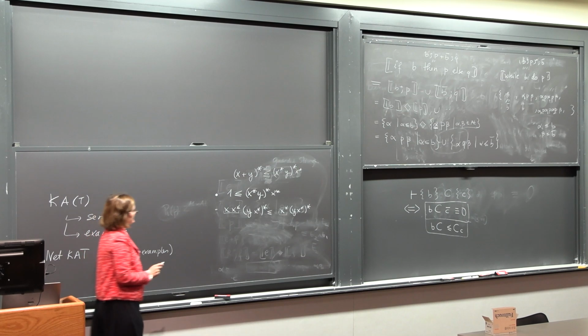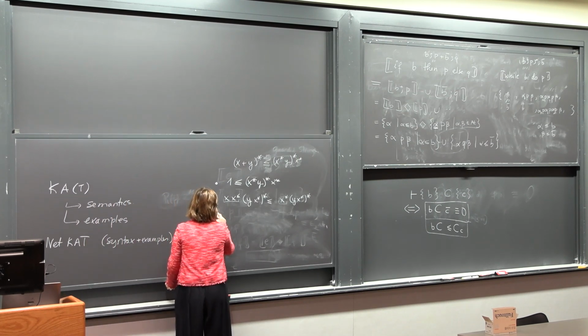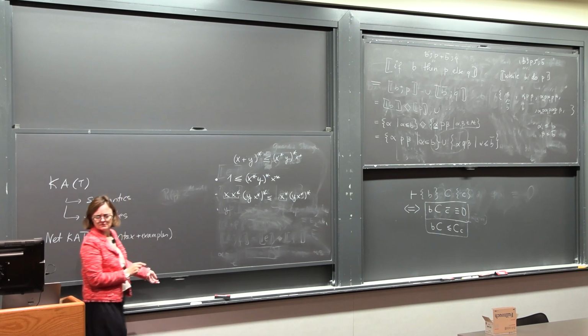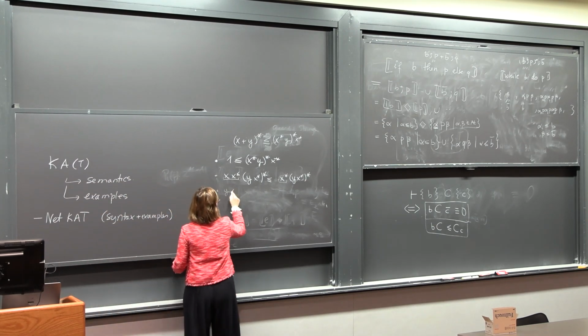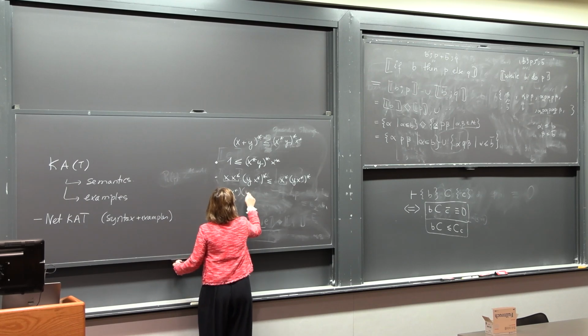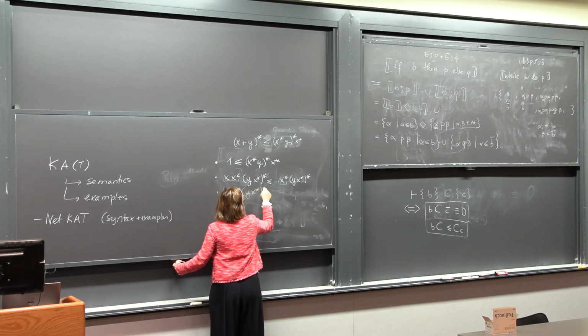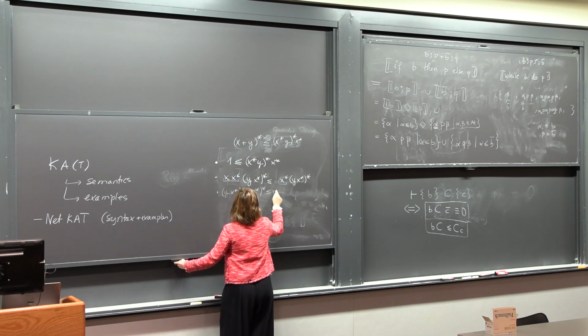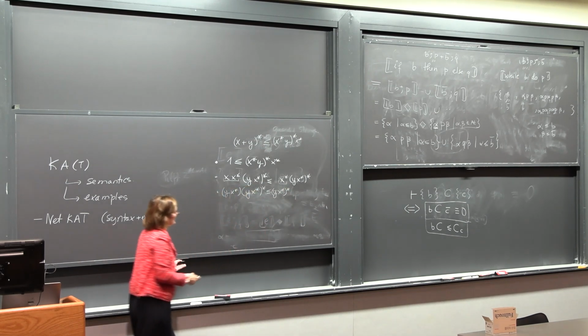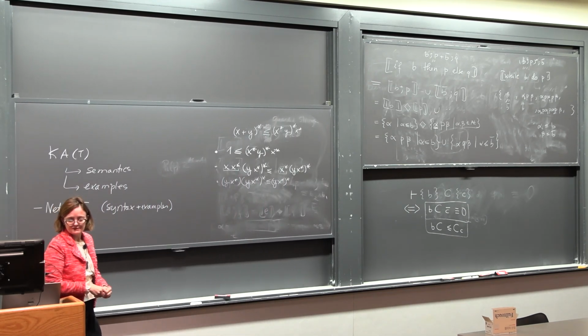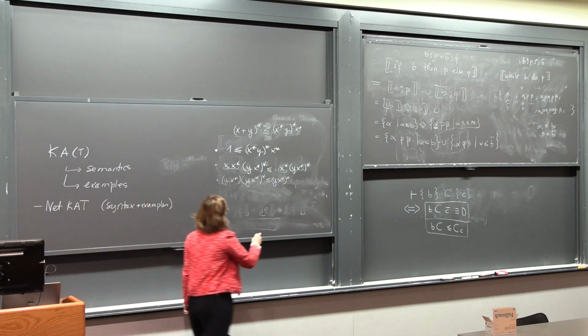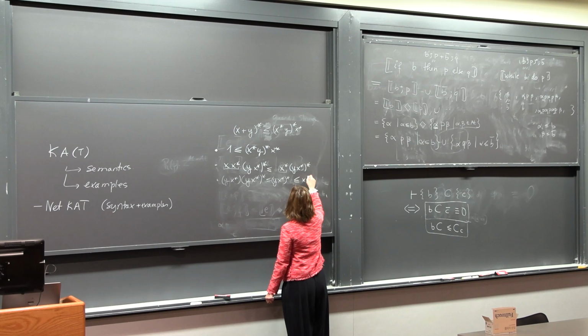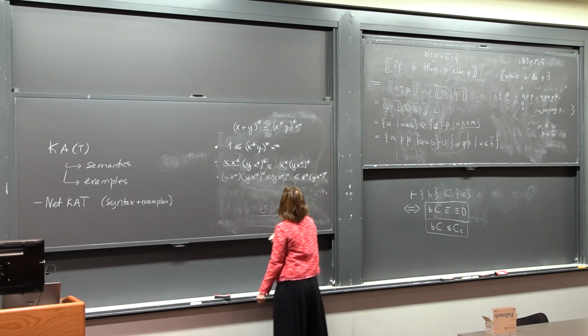Then the last thing I need is that y x star star is smaller or equal than y x star star, and that is smaller or equal than x star y x star star.